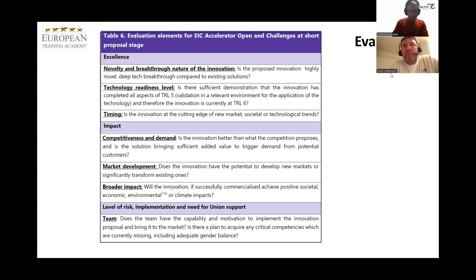Better than the competitors' proposals, bringing sufficient added value to trigger demand. Now, triggering demand is not the right thing you want to write, because you'd find misleading words like this one in the new funding schemes.